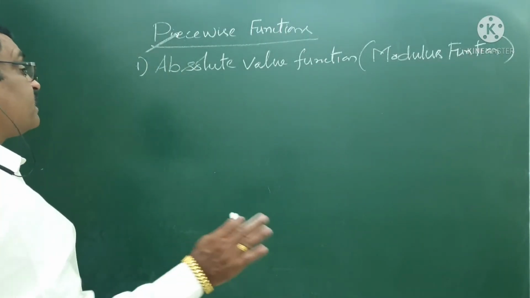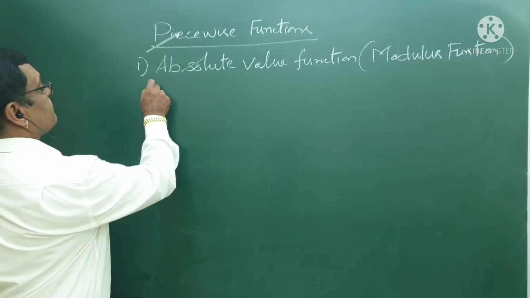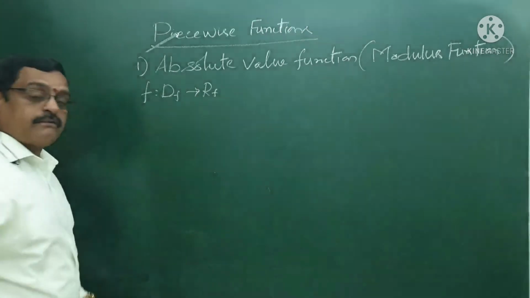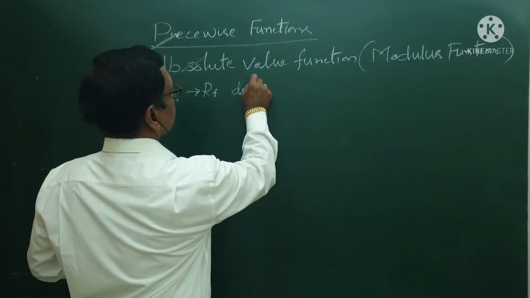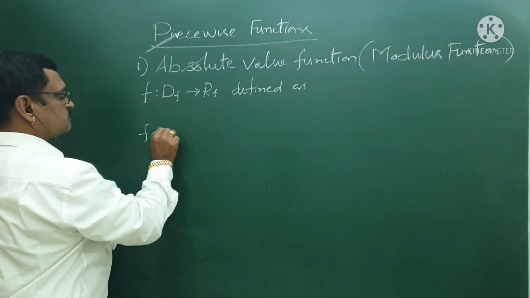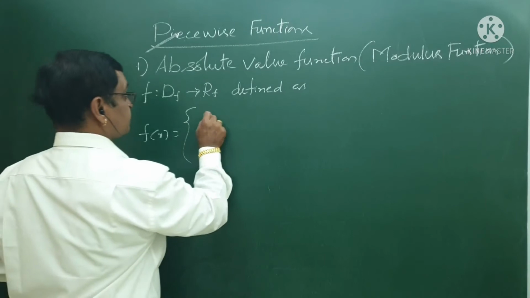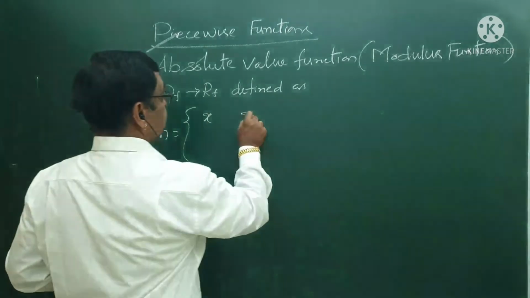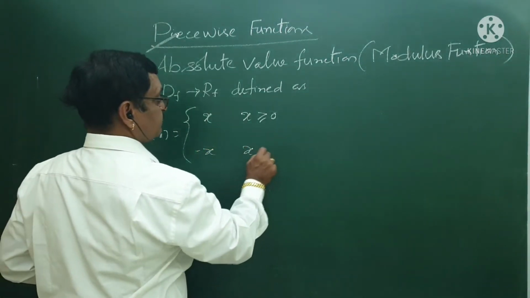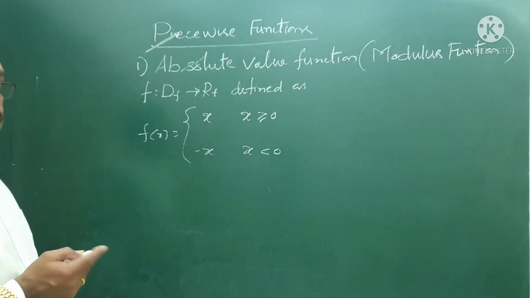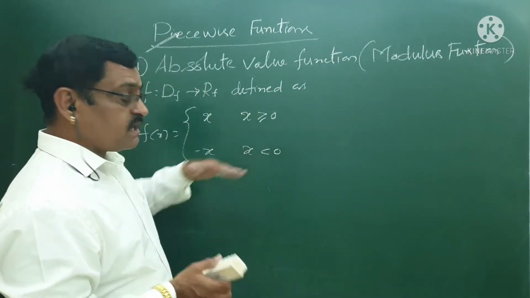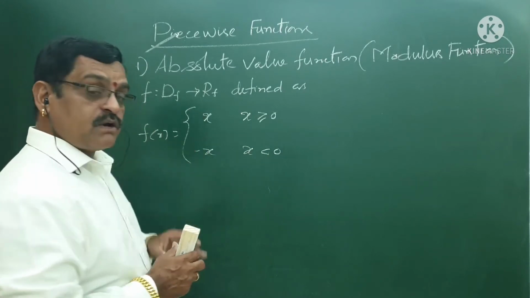First of all, what is the definition of this function? f maps the domain of f to the range of f, defined as f of x equal to x when x is more than or equal to 0, and minus x when x is less than 0. So here my entire domain is divided into 2 parts and 2 types of working rules.